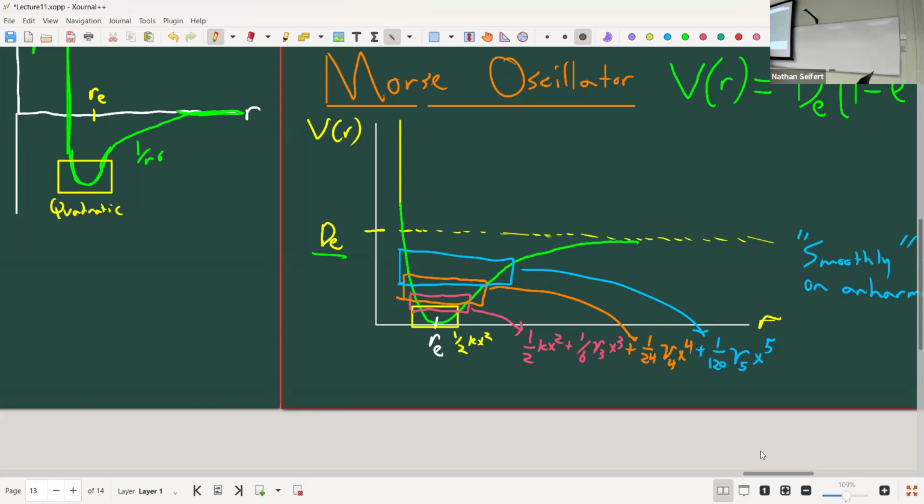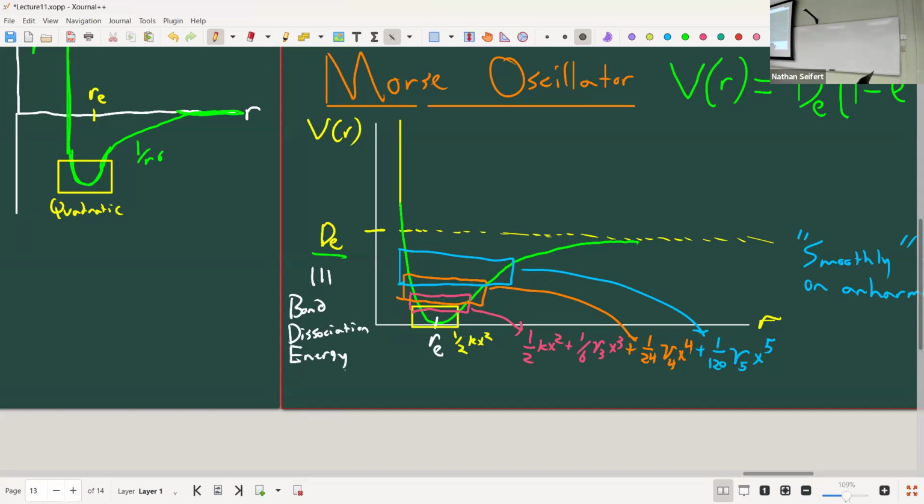So this D_e in some sense is the strength of the bond. D_e is the strength of the bond, the bond dissociation energy. That's a very useful number. We like to learn about bond strengths.